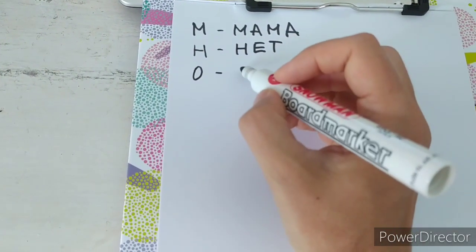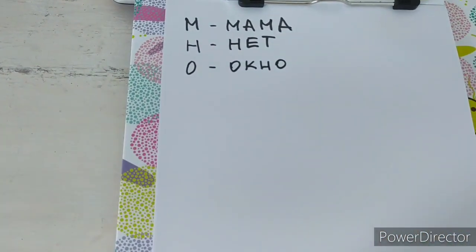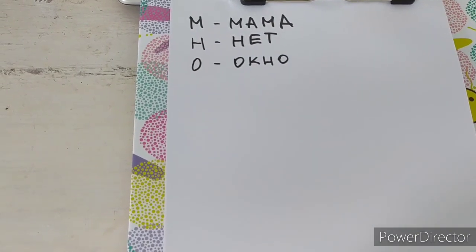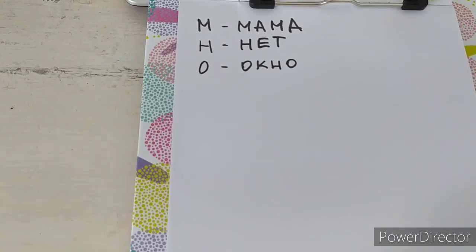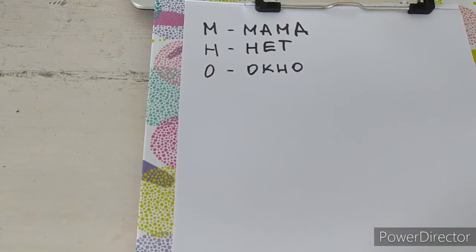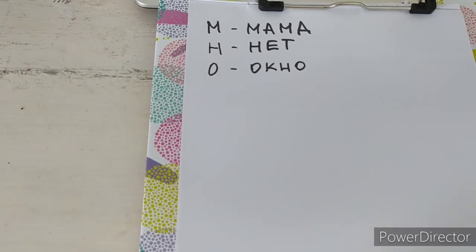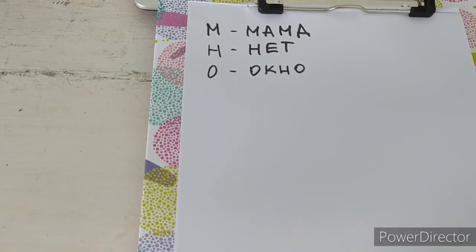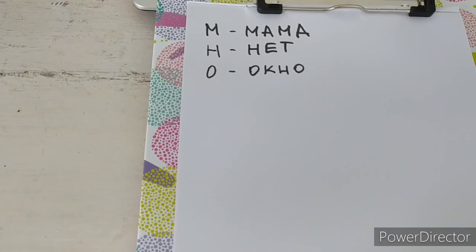О. Окно. О. Sound O. Yeah, it's a bit confusing because of the sound of this letter O. Sometimes words that begin with this letter sound like A, yeah, окно.